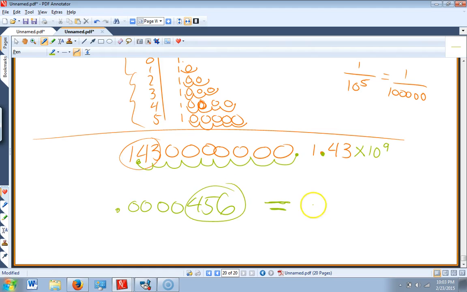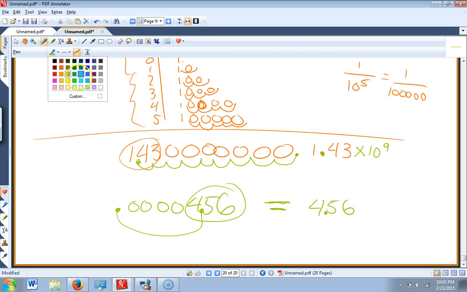So here we go, 456. Obviously 456 is not between 1 and 10, so we're going to put our decimal there. So we're trying to get the decimal from here all the way back to here. So we're going to count again. Are you ready? Here we go. 1, 2, 3, 4, 5. We're moving back 5 spaces.